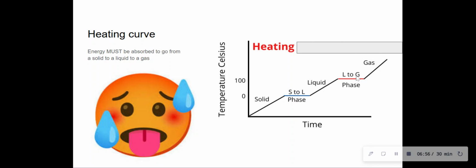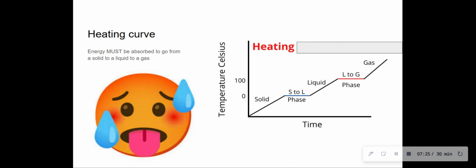And at 100 degrees Celsius, it's the same for liquid to gas. And as you go up in temperature, it changes from a solid to the melting phase. Then it goes to the liquid phase, to the vaporization phase, then to the gas phase.